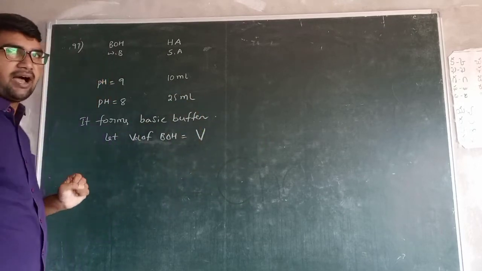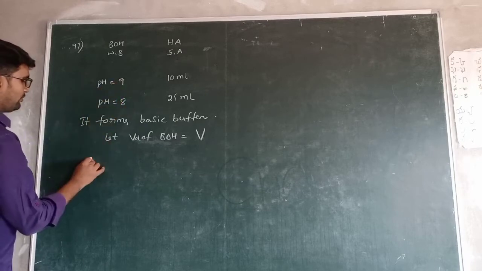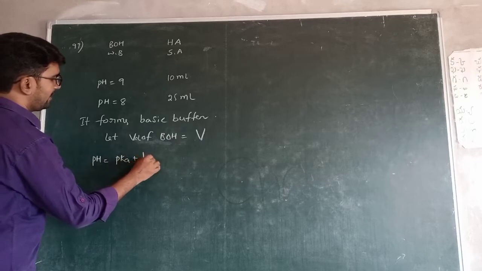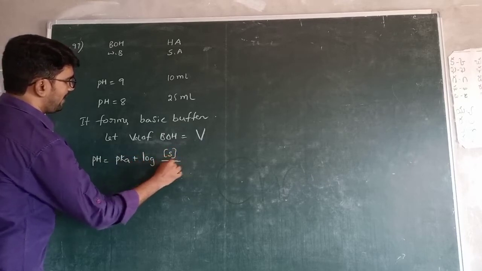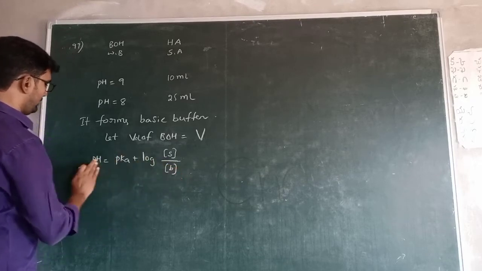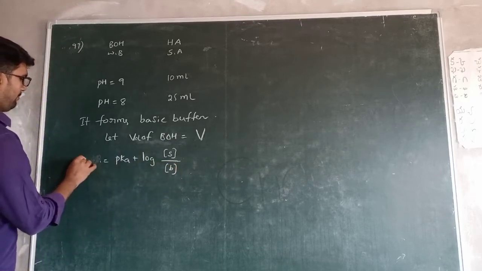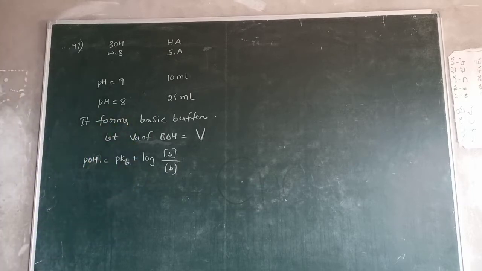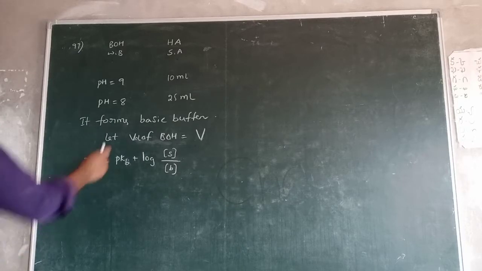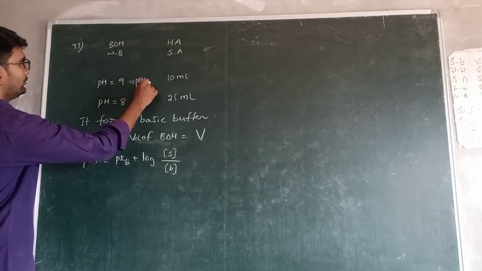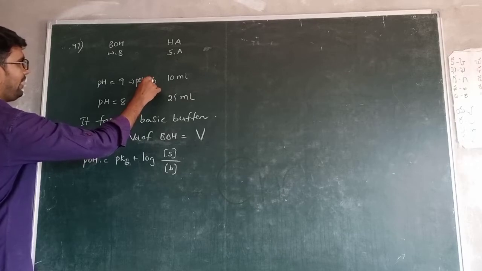Then what is the pH value? Actually pH is equal to pKa plus log concentration of salt by concentration of base. But here it is not pH, it is pOH equal to pKb plus log salt by base. For this one, pH is equal to 9, so pOH is equal to 5.